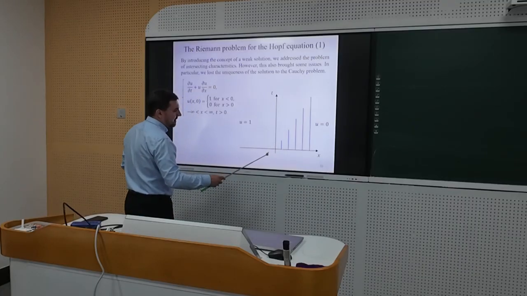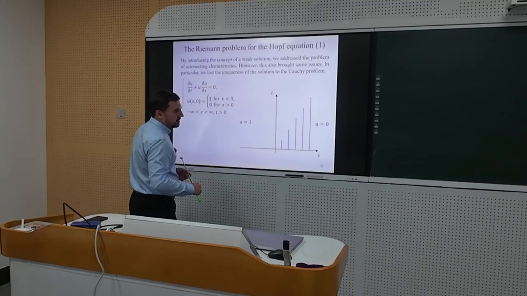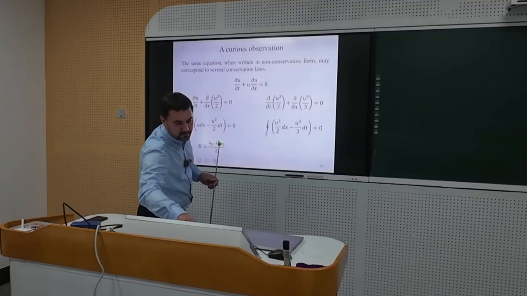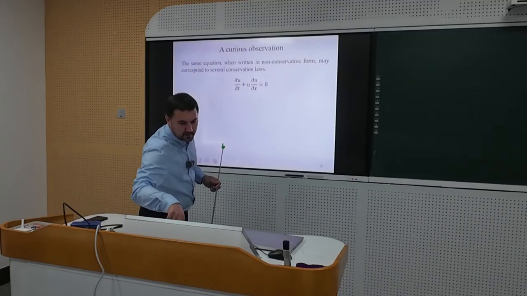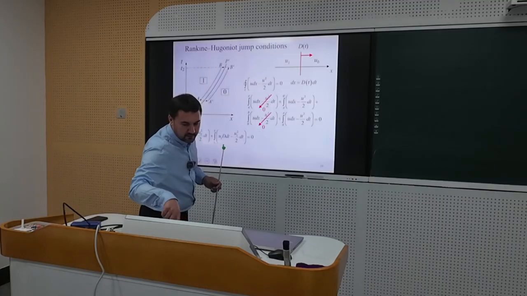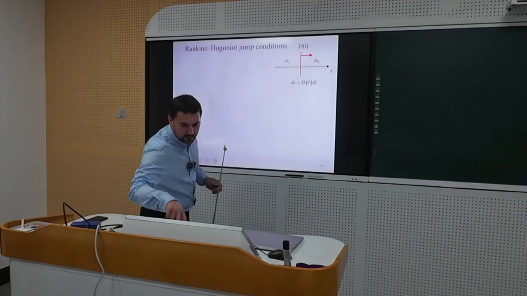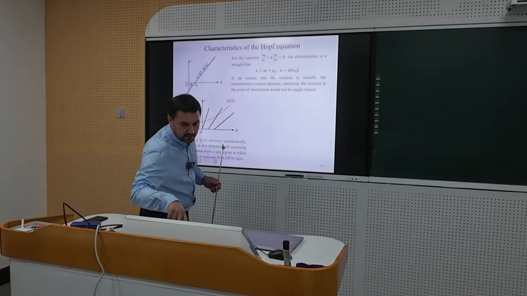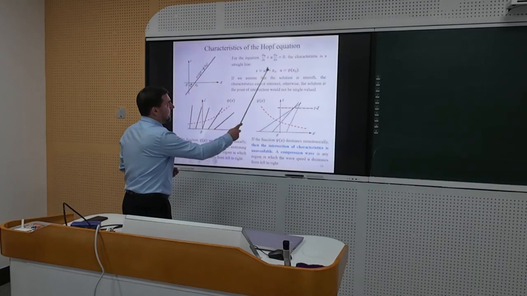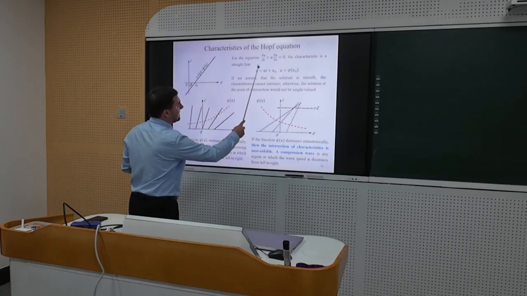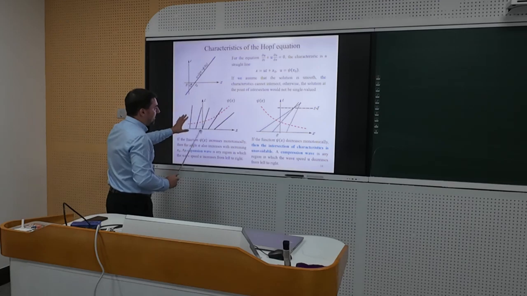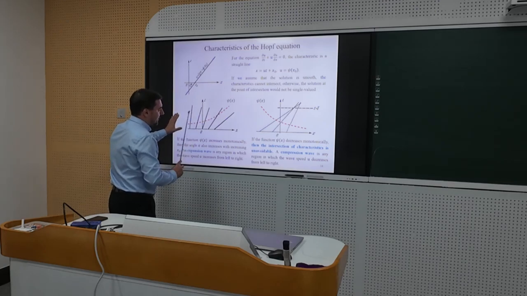Characteristics are x equals ut plus x0, right? We have discussed it here. These are the straight line characteristics for the Hopf equation. We solve the same equation, and we now want to plot these characteristics.